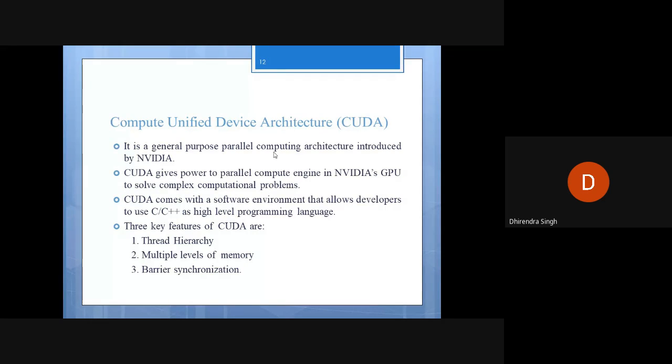But if you are working with OpenCL, you have to put most of the logic in yourself: how the system is going to work, how the scheduling will be done. Suppose you have 500 cores available in your GPU, and you have created 1000 threads to solve your problem. How these 1000 threads will be scheduled onto those 500 cores, that concept will be defined by you.